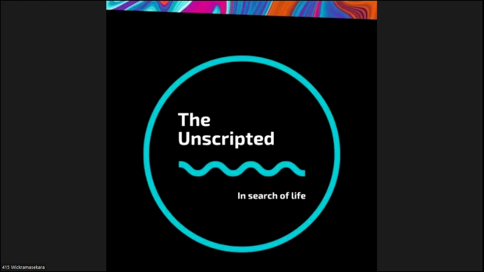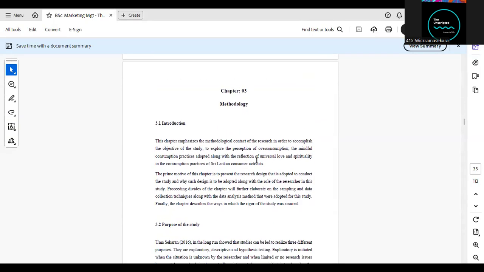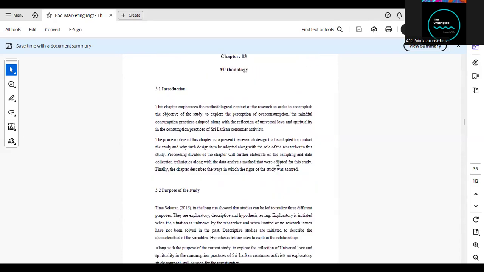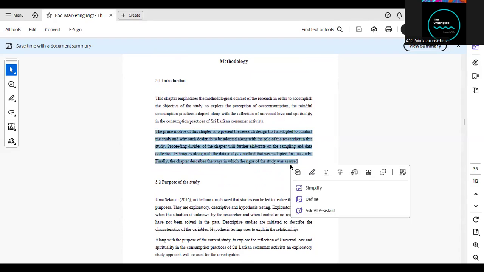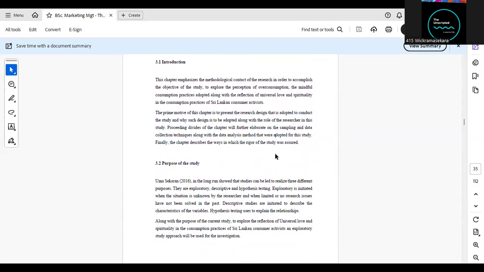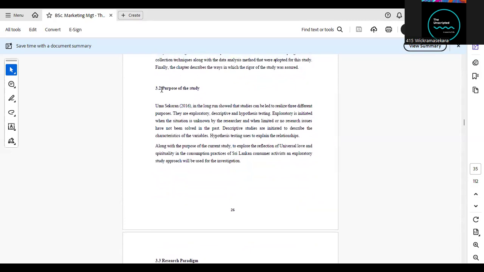of a methodology chapter. So here you can see this is how you write the chapter. Like I said, you can briefly mention what you're trying to explore in this particular research, and then mainly highlight what this chapter is all about and how it is supporting the accomplishment of the research questions. According to the purpose of the study, there are 3 types: exploratory, descriptive, and hypothesis testing.